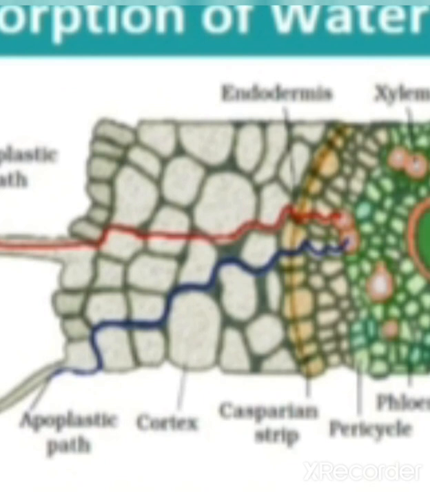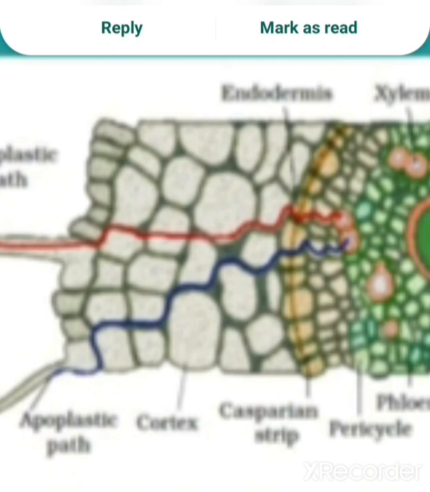So water molecules are directed to the non-suberised wall regions. The water then moves through the symplast and again crosses a membrane to reach the xylem.